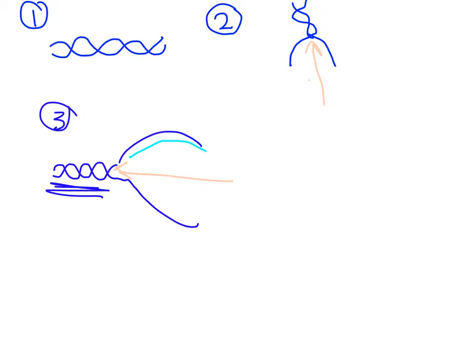Whereas with this one, I have to go the opposite direction because our strands are anti-parallel. So they're running in opposite directions. So let's say that I do it like this, right? We'll say that whole chunk is nice and easy to make. We all good so far?